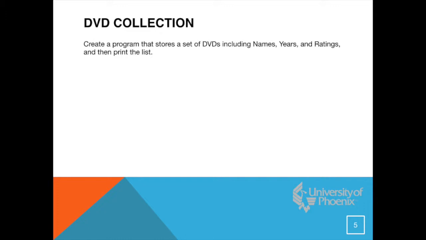The DVD collection will create a program that stores a set of DVDs, including the following elements: name, the year, and the rating. And then, once we've stored 2 or 3 of those, we're going to print off the list.